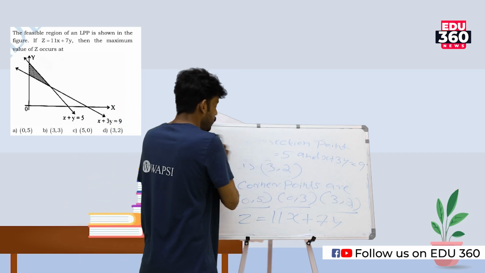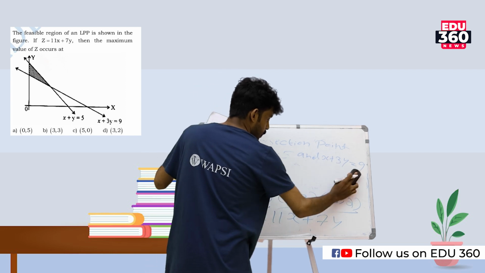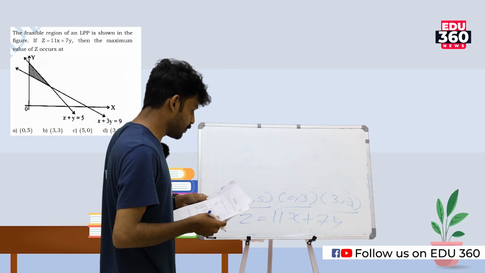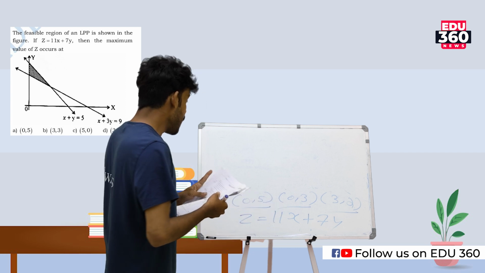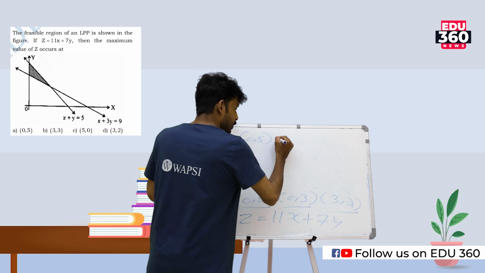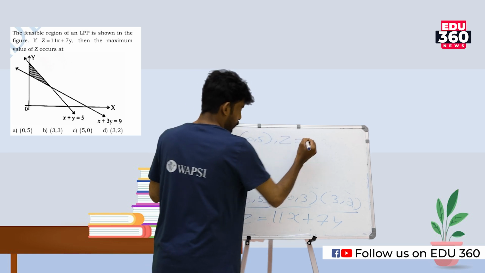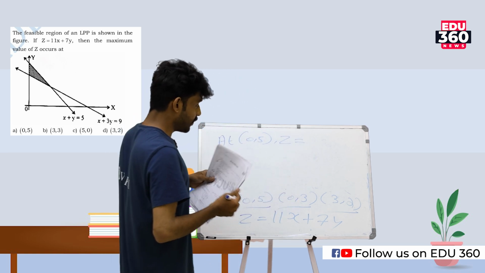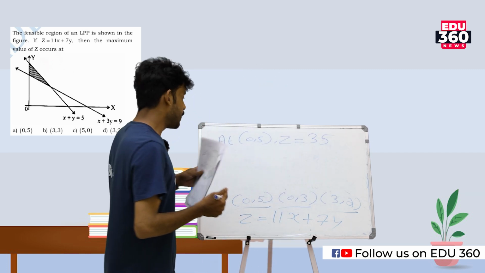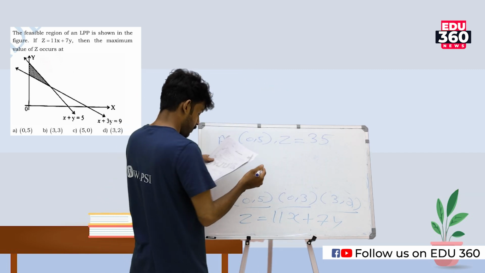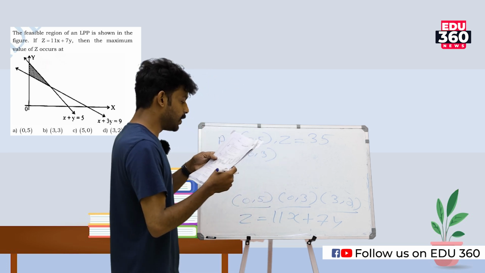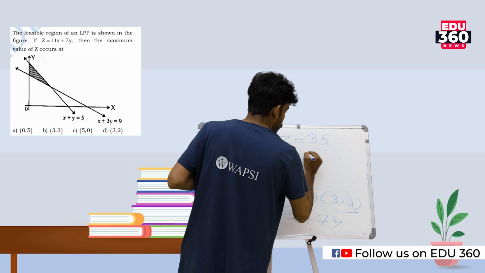Let me write here. At 0, 5, Z is equal to 35. At 0, 3, Z is equal to 21.